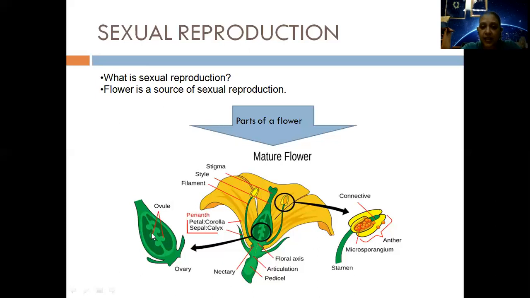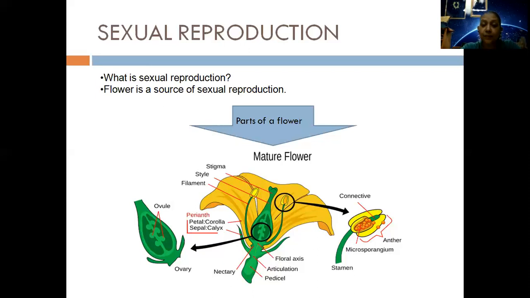Now you would see in the flower there are two parts: the sepals, consisting of the calyx, and the petals, consisting of the corolla. What is the importance of the sepal and the petal, or the main role of this corolla? Why is the flower colorful?